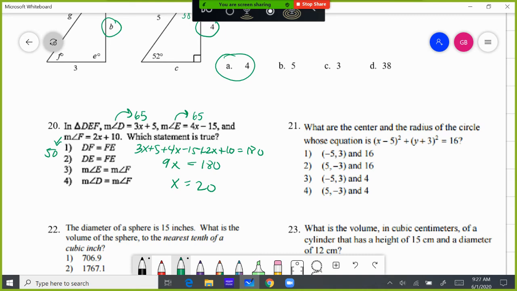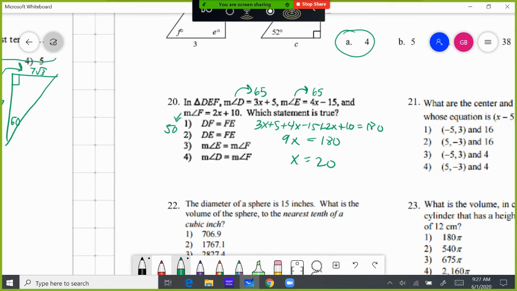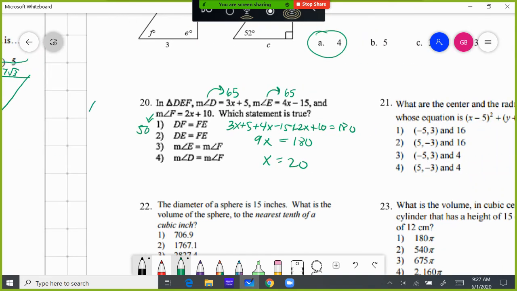Okay, so I know the angles. Actually, what I'm going to do is draw this out here. So we have two 65-degree angles and a 50-degree angle. Remember, if in a triangle you have congruent angles, the sides opposite are also congruent.